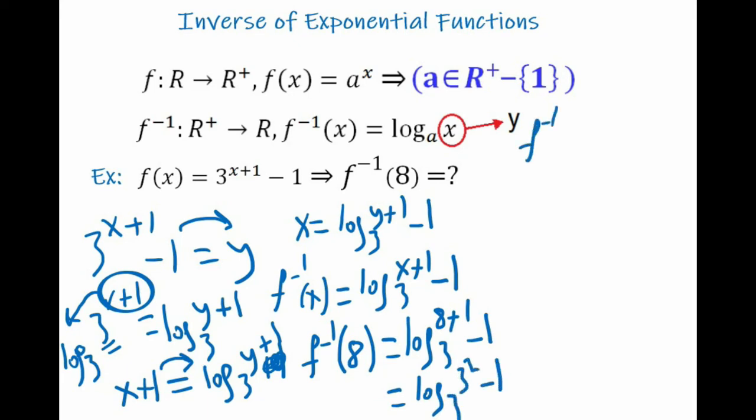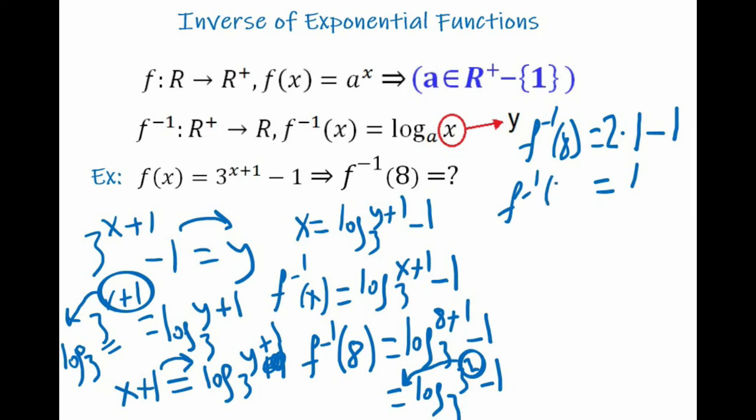That 2 is going to come in front of the logarithm. So it's going to be 2 times logarithm of 3 in base 3, which is 1, minus 1. 2 times 1 is 2, minus 1 is 1. So f of -1 of 8 is 1, guys. This is the result.